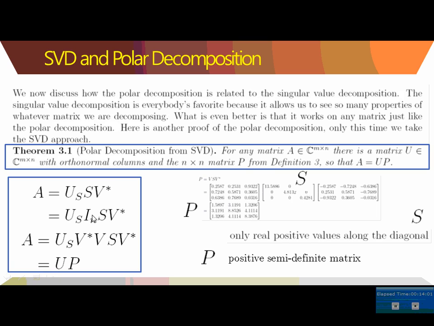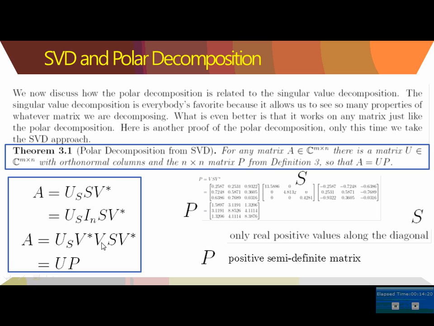This identity matrix can be written as V star V, when the columns of V are orthonormal. Then V star V is the identity matrix.